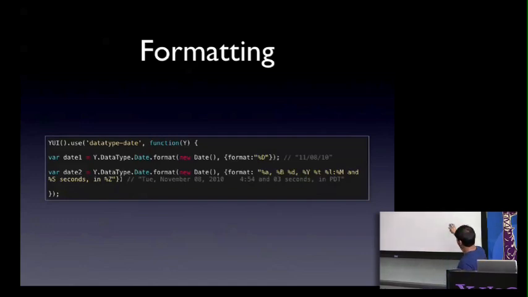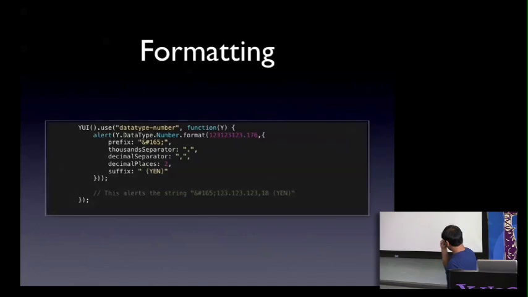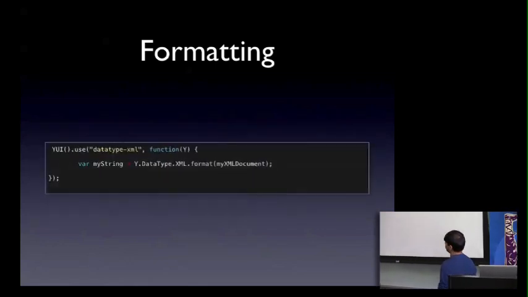And the second one is a lot more kind of verbose in what it prints out. You can also do that with numbers. So here we have datatype.number.format, and we're passing in an object with some different fields on it. You can use this to customize numbers pretty heavily. And XML, right? Very straightforward.